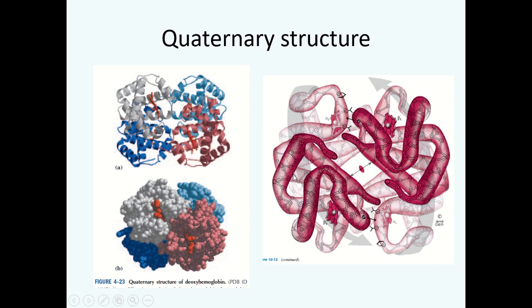So, this structural organization where several polypeptides having their own typical tertiary structures, they interact with one another and they form a higher order structure of the protein structure that is called as the quaternary structure of these proteins. Quaternary structure exists only for oligomeric proteins, the ones which have more than one polypeptide chains in them.